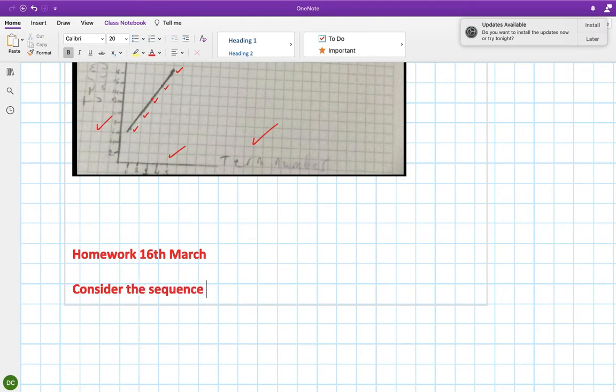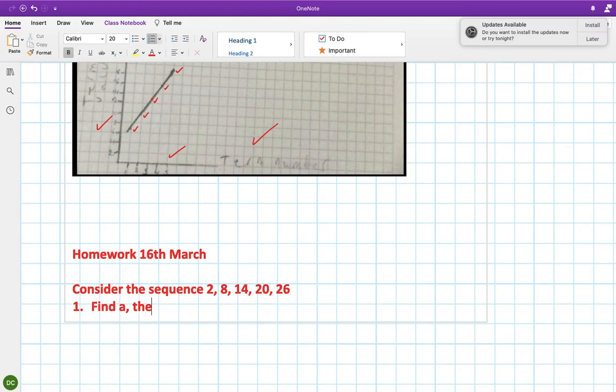Right, what would we go with? 2. No, let's go 8, 14, 20, 26. Okay.